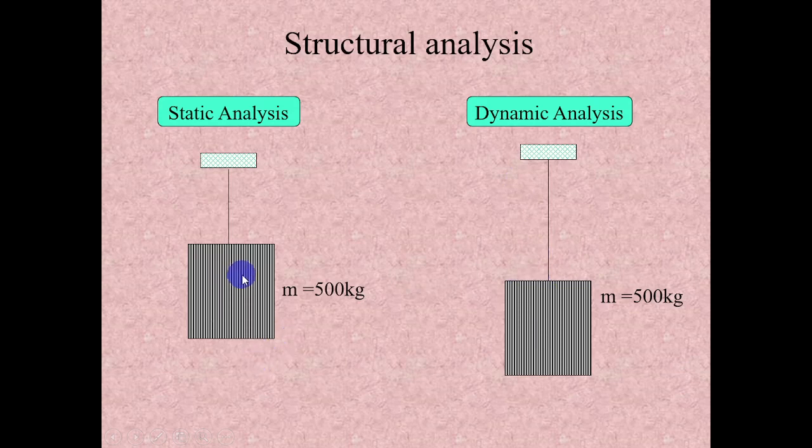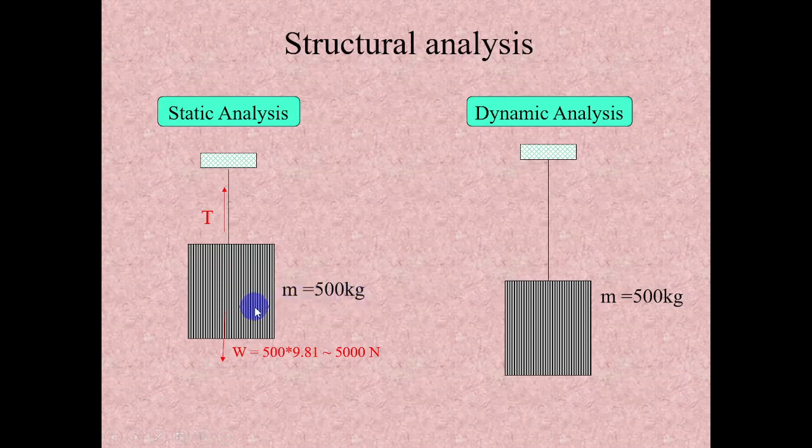Let's take the static condition. If you see the free body diagram for this condition, the tension T developed in the rope is directly proportional to the weight of this object. The mass is equal to 500 kg.